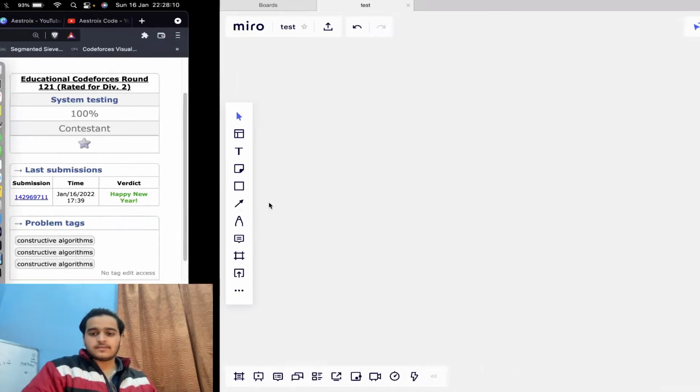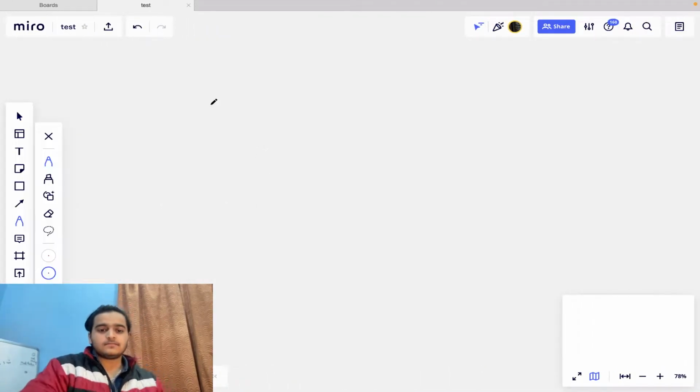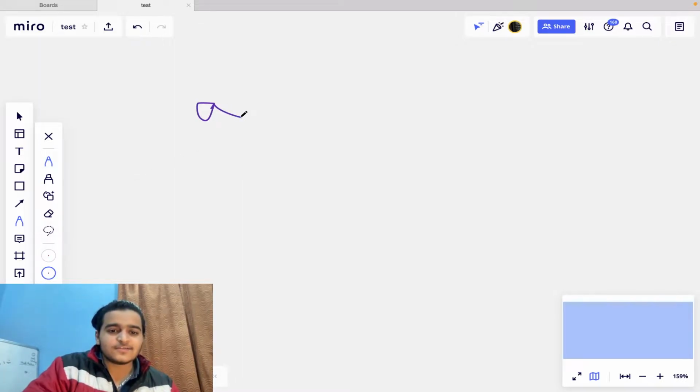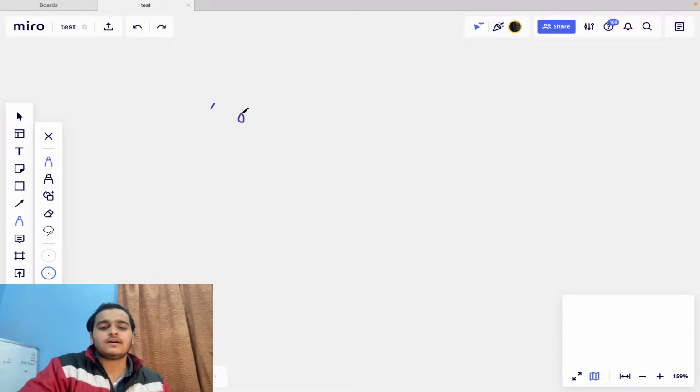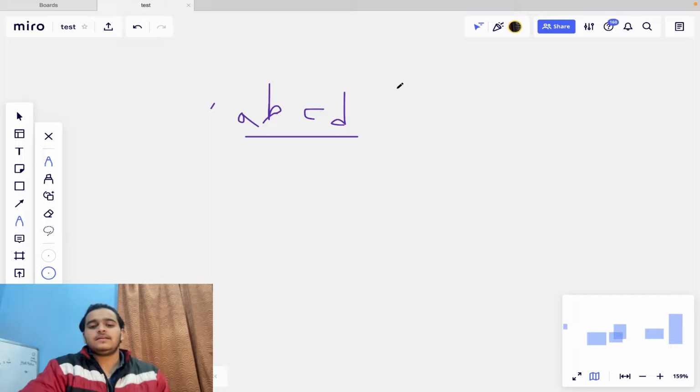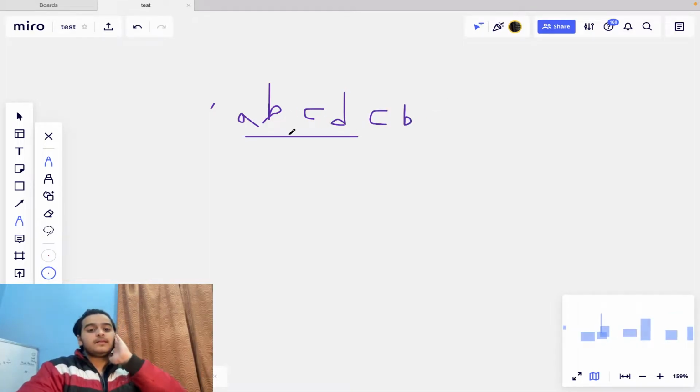So what this problem says is, there can be a string where the letters occur like this. The letters may be A, B, C, D, and then some of them are repeating at some intervals.